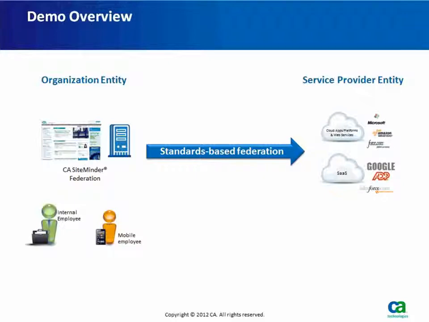This is done using a pre-established trust relationship. In CA SiteMinder Federation, we call the trust relationship a partnership. The partnership is established between 2 entities: an identity provider or asserting party, and a service provider or relying party. So, let's get started in configuring the partnership.